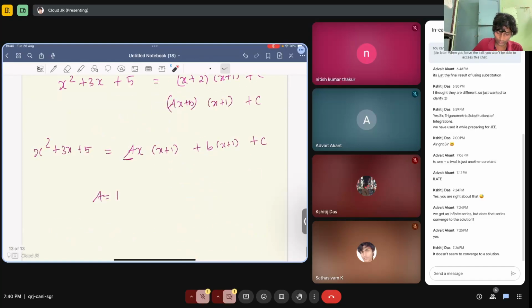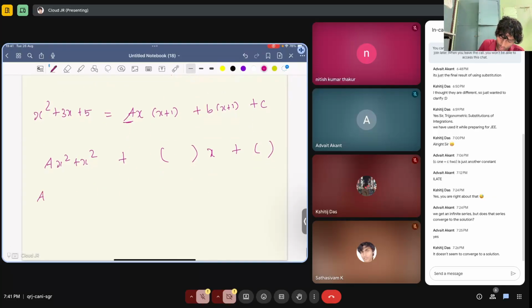Maybe I will collect one term and then leave the rest. If you take everything to here and collect just the x square term, what do you get? Ax square plus x square plus some terms in x plus a constant term, right?